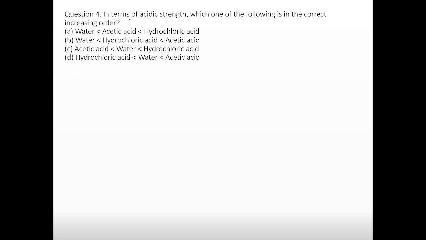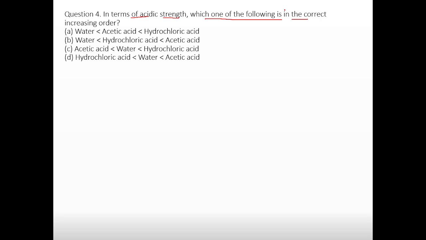In terms of acidic strength, which one of the following is in the correct order? When you say acidic strength, what does it mean? Very simple: whether the acid is a strong acid or a weak acid.